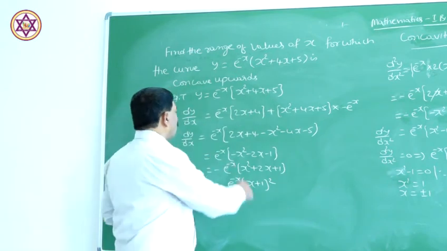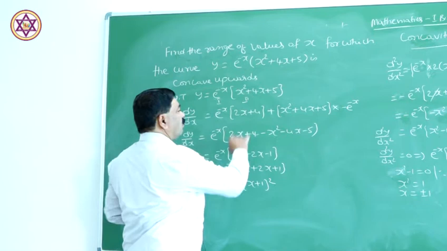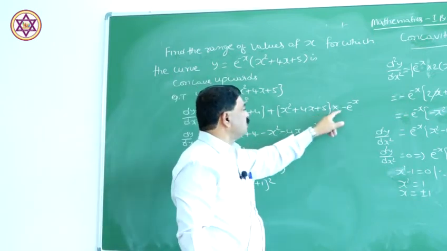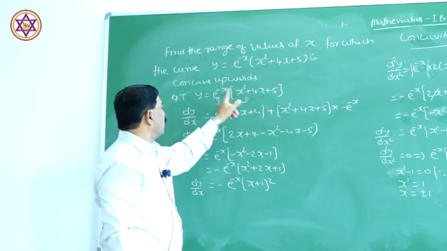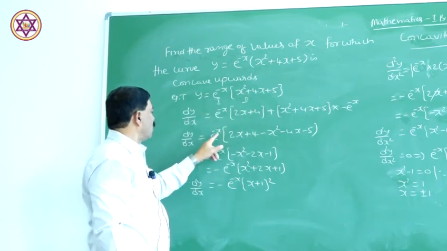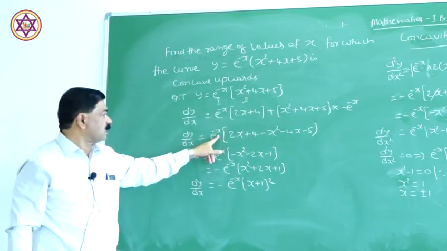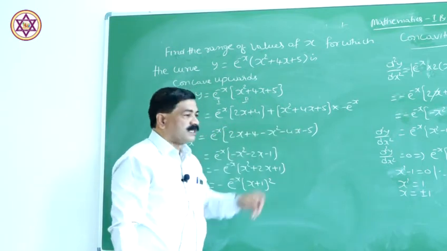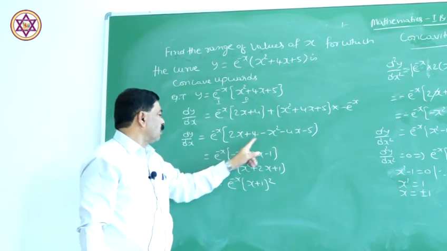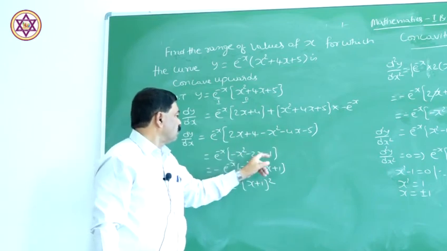Next, second into derivative of first: the derivative of e^(−x) is −e^(−x). Taking e^(−x) as common, we get 2x + 4 − x² − 4x − 5. So here we get −x² − 2x − 1.